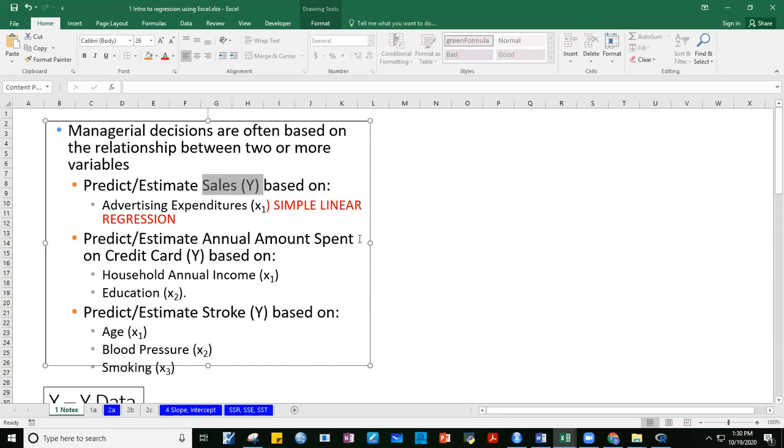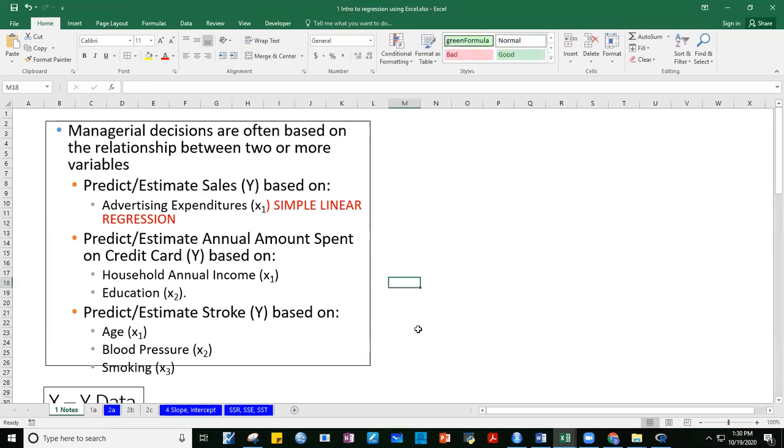Okay, here you have two variables, household annual income and education. In that case, guys, this is what we call multiple linear regression.